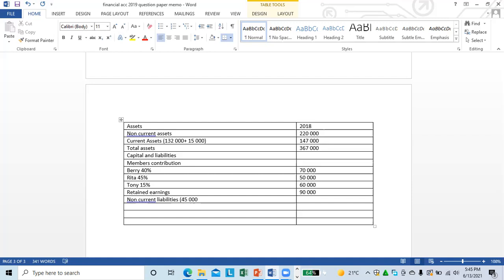And then we added 15,000. It will become 60,000. And then we move on to the last thing, which is our current liabilities.